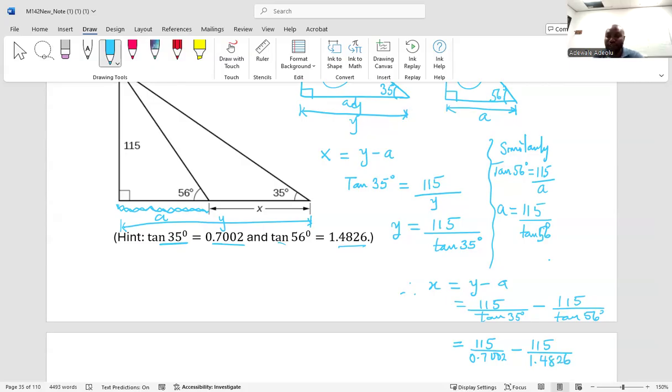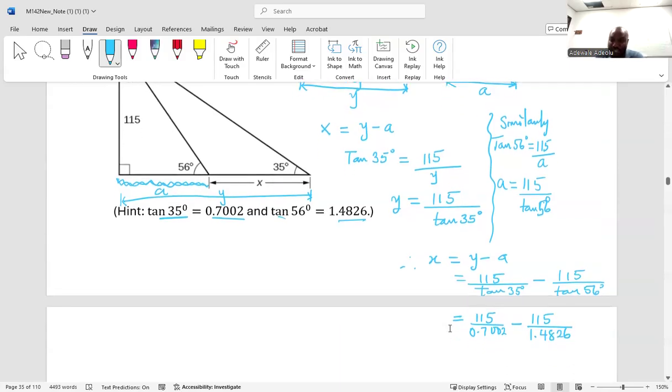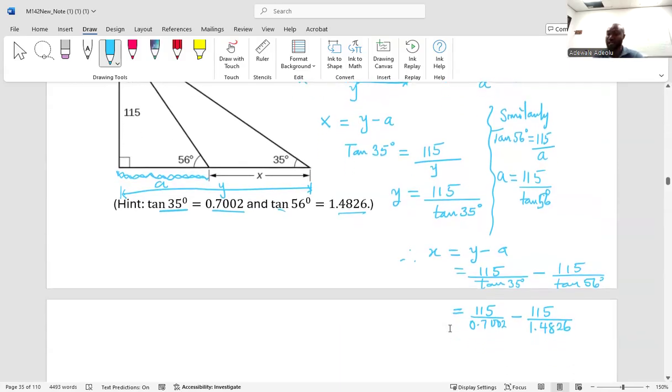In most calculus classes, we do not use a calculator, so we can just leave our answer this way. And if you are allowed to use a calculator, you can go ahead and put that in your calculator and get the final single value for x.